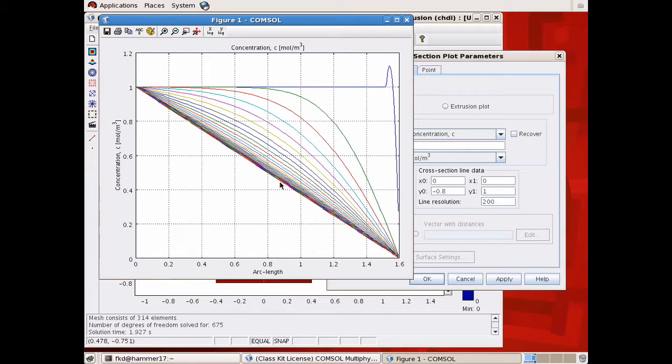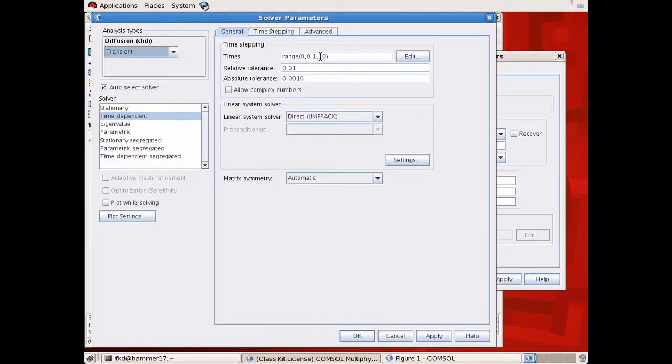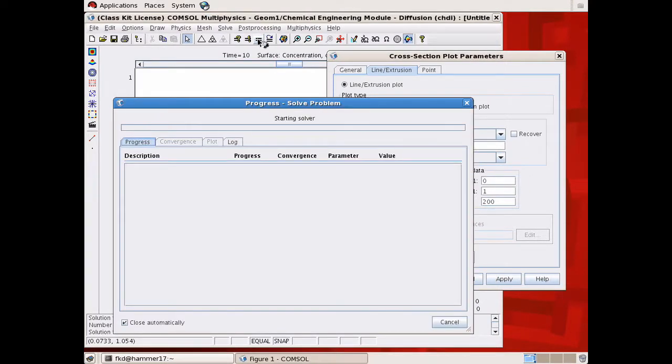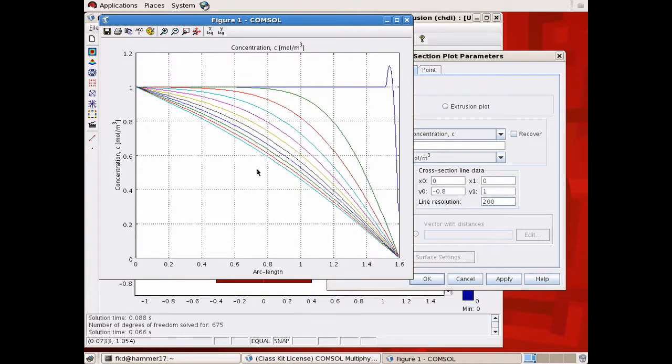If we ran it instead for a smaller time, say 1 second, so it'd run 10 times, and we plot that same plot, then it suggests that we're almost at steady state as well.